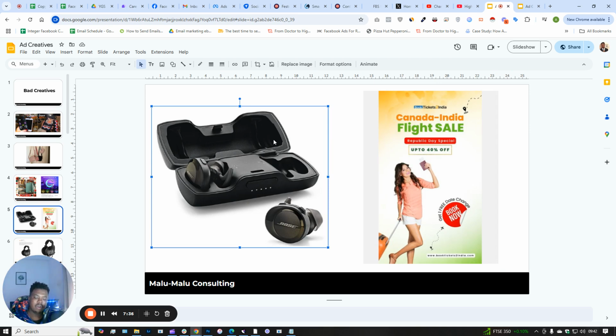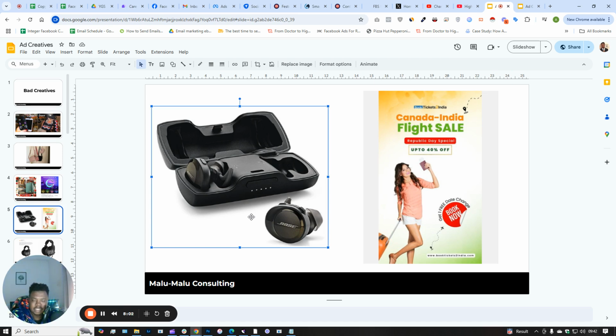Like I said before, an effective creative, in this case, we're focusing on images. Something like this is not really going to get people to stop because it's bland, it's boring. In this, rather than putting it on a plain white background, I would put a better background. Does that make sense?